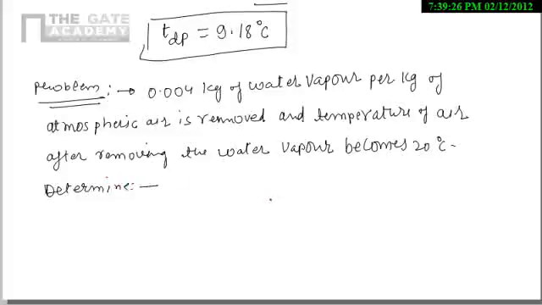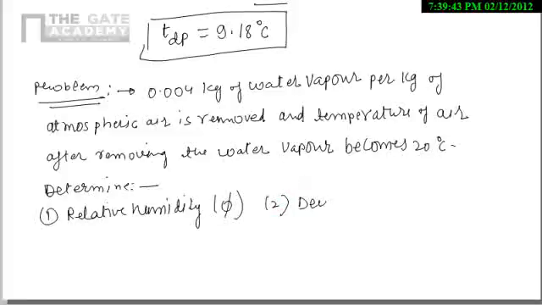Determine first the relative humidity, denoted by phi, and second, the dew point temperature.